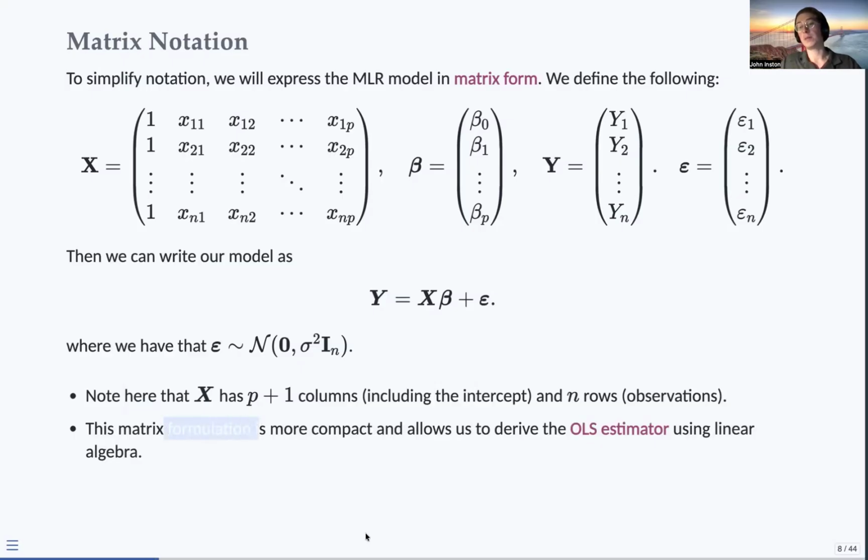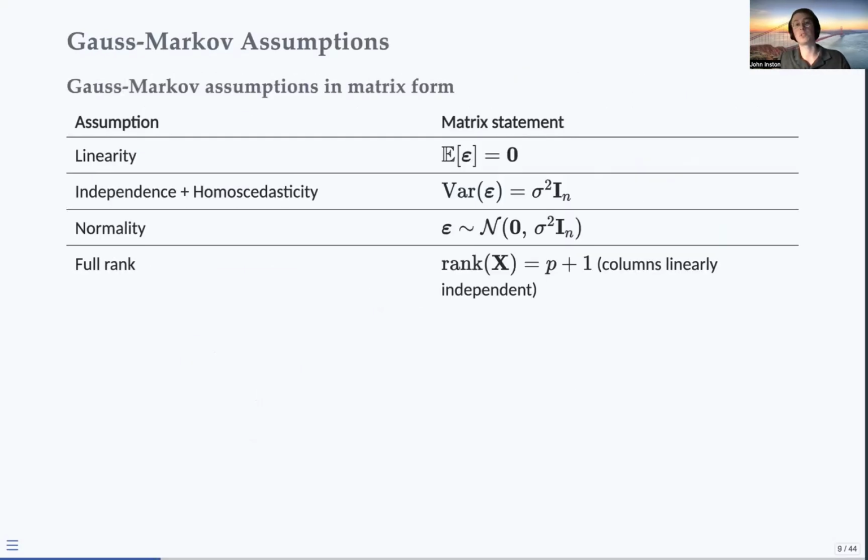And the main advantage of this matrix formalization is its compactness, and it allows us to very easily derive OLS estimators using linear algebra. So before we go on to considering OLS estimation, let's have a look at the Gauss-Markov assumptions. As I just discussed, the assumptions follow through, and these will all appear very similar to the ones we discussed for the simple case.